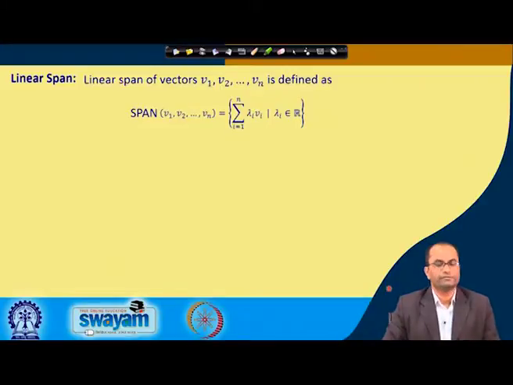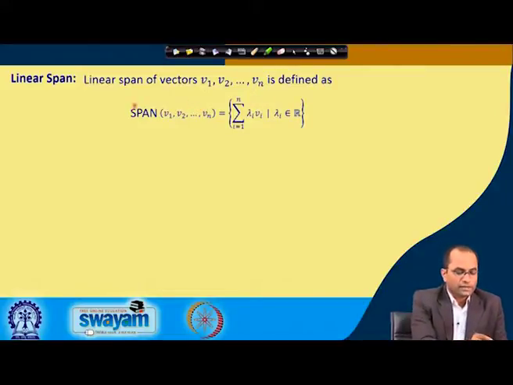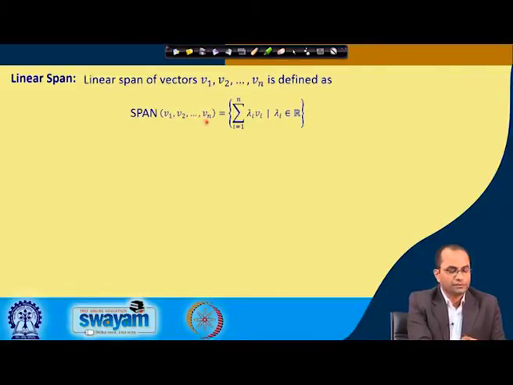The linear span of given vectors v1, v2, v3, ..., vn, we usually denote as span of v1, v2, v3, ..., vn, and we define it as the set of all linear combinations of these vectors.